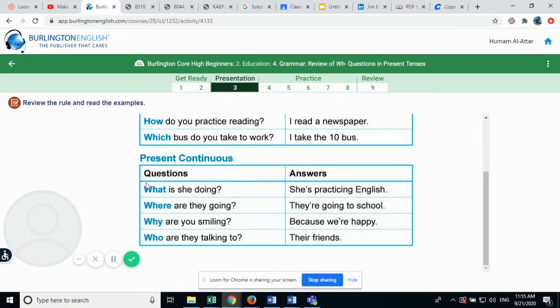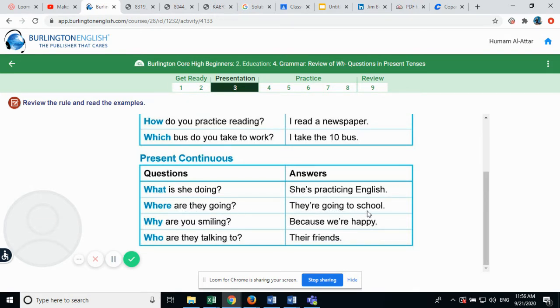Now the questions that we use with present continuous are what, where, why, and who. What is she doing? She's practicing English. Where are they going?